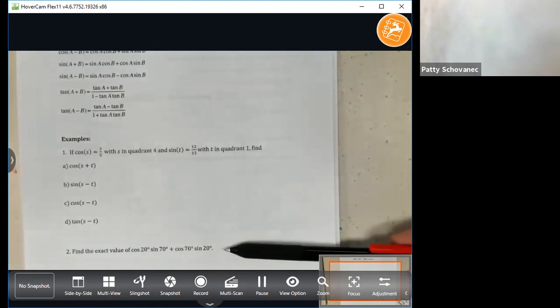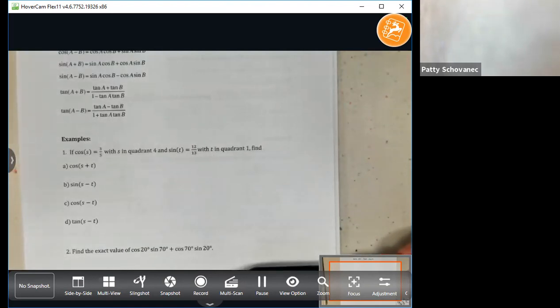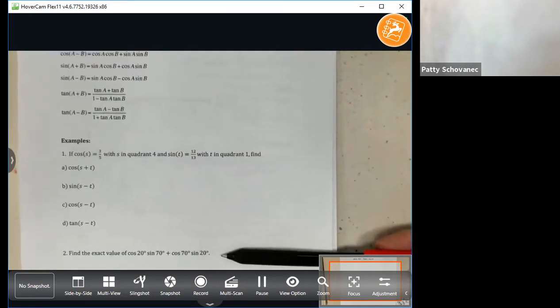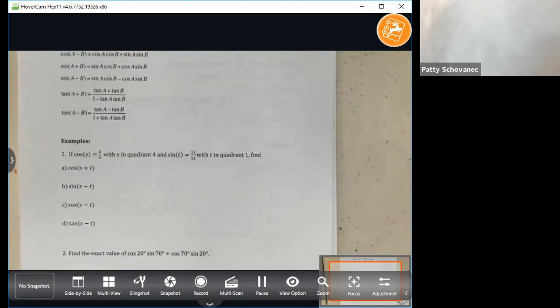On number 2, it says find the exact value of the cosine of 20 degrees times the sine of 70 degrees plus the cosine of 70 degrees times the sine of 20 degrees. And the hint is we don't know those values without a calculator, but that looks an awfully lot like one of our sum and difference formulas.